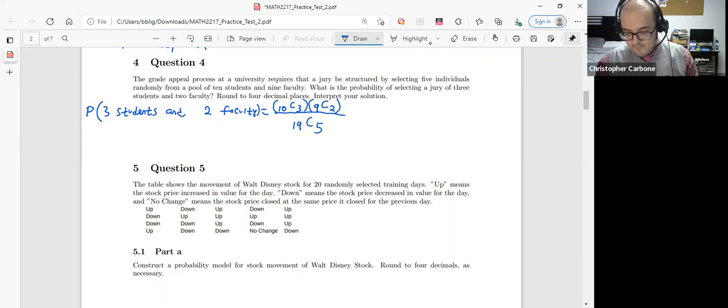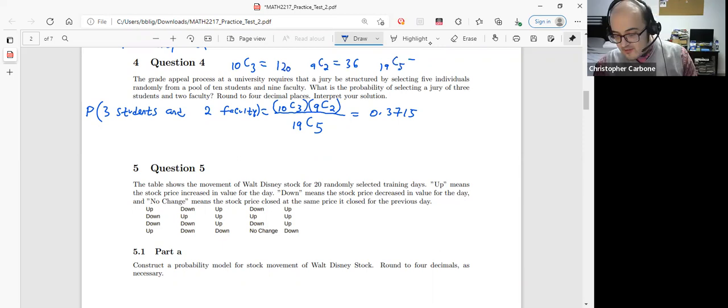Tossing this expression into a calculator, we get 0.3715. If it helps, 10 choose 3 gives you a value of 120, 9 choose 2 gives 36, and 19 choose 5 gives you a value of 11,628.